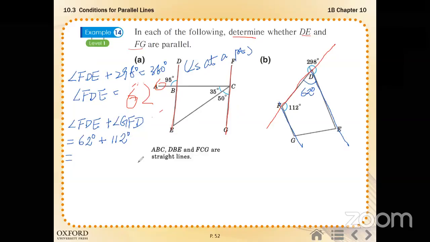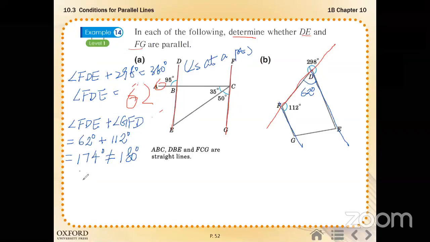Then it is not 180, right? If it is 62, then what is that? 174, am I correct? Therefore, in this case, it is not 180 degrees.